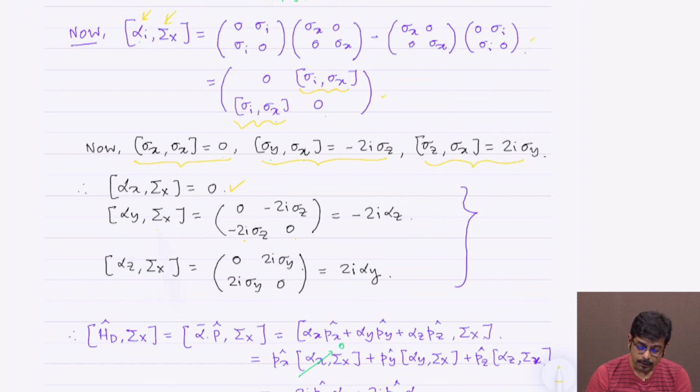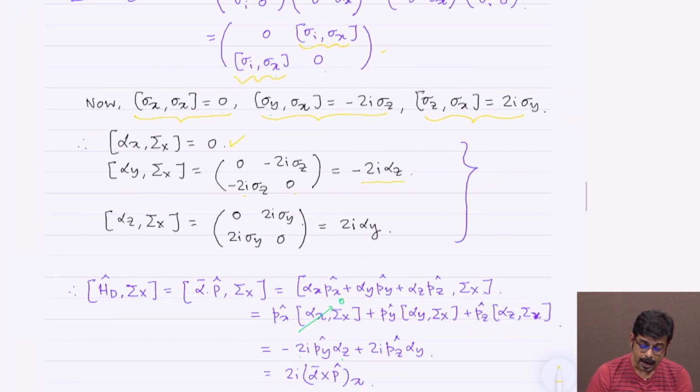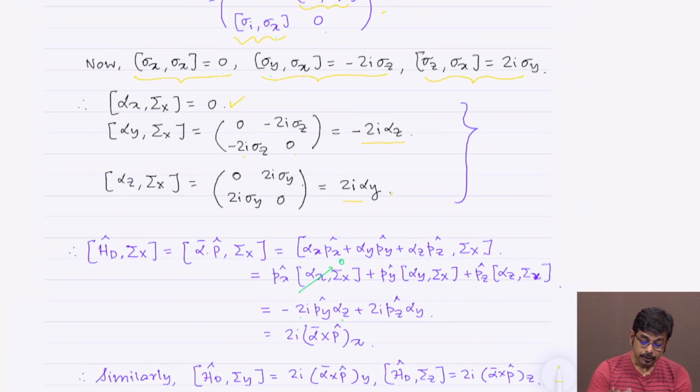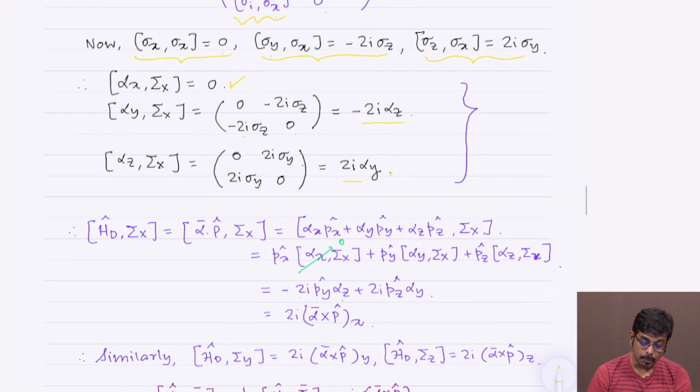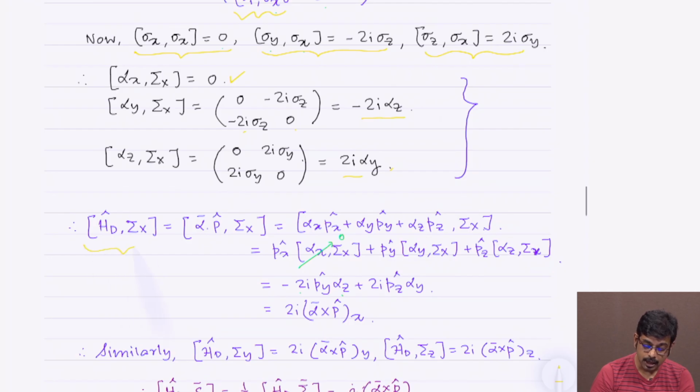So, alpha y sigma x will become minus 2i alpha z, and alpha z sigma x is similarly 2i alpha y, right. Now if I want to write the commutation between H_D and sigma x, once again I am not worried about the beta m part, because that will anyway commute and give you 0.